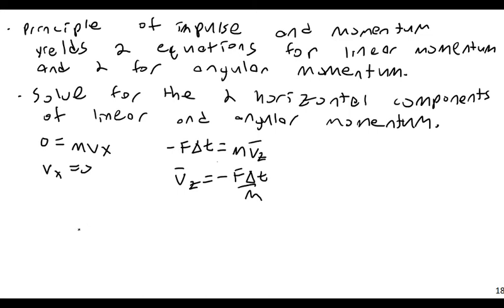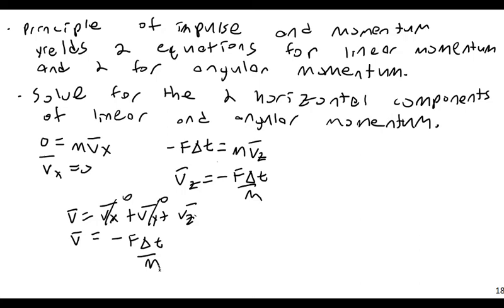V bar is equal to vx plus vy plus vz. Actually, I should probably just have a bar in each of these. However, since this is equal to 0 and this is equal to 0, v bar is just equal to negative F delta t over m.